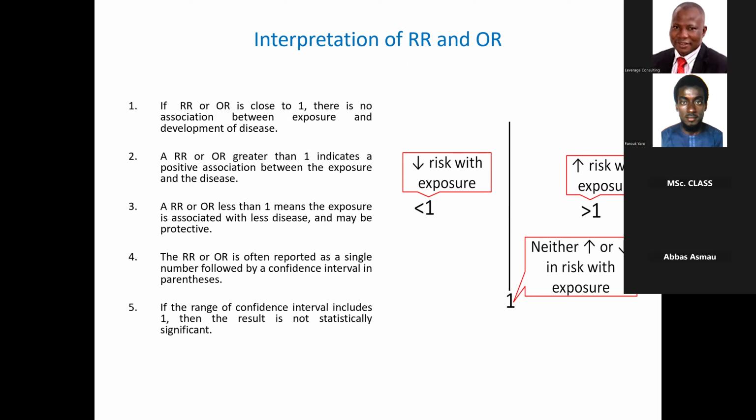A relative risk or odds ratio less than 1 means the exposure is associated with less disease and may be protective. The relative risk or odds ratio is often reported as a single number followed by a confidence interval in parentheses, that is, in brackets. If the range of the confidence interval includes 1, then the result is not statistically significant.